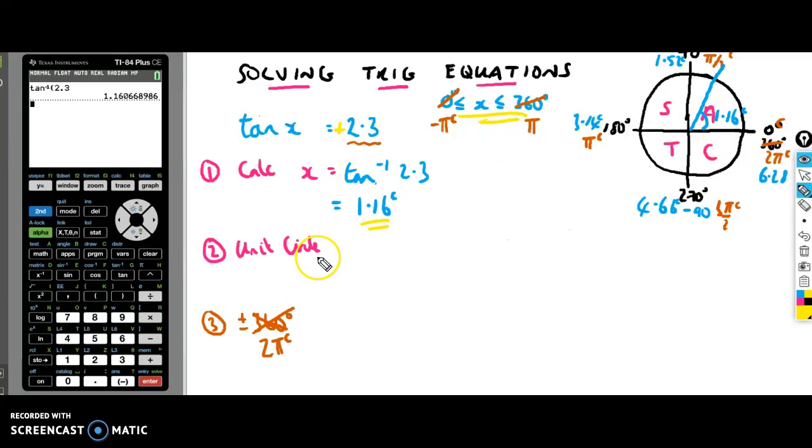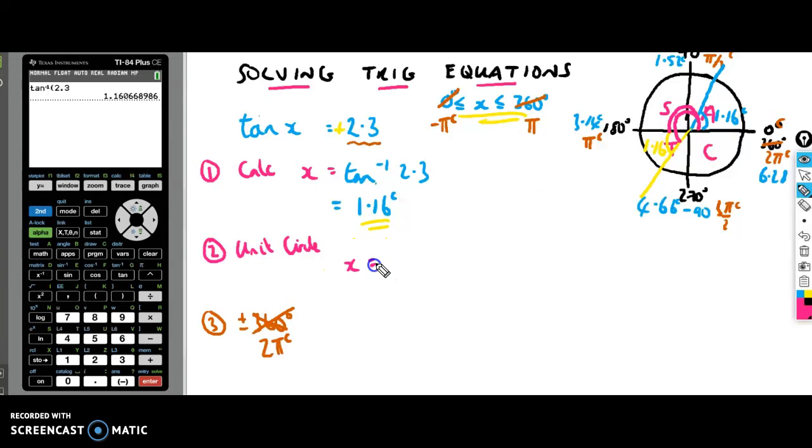We now use the unit circle to find answer number 2. And we know for the tan, if we either reflect and double reflect or it's a straight line, then this angle here is also 1.16. Fantastic. So that means if we go clockwise all the way around, then it's going to be pi, we stop here, plus the 1.16.